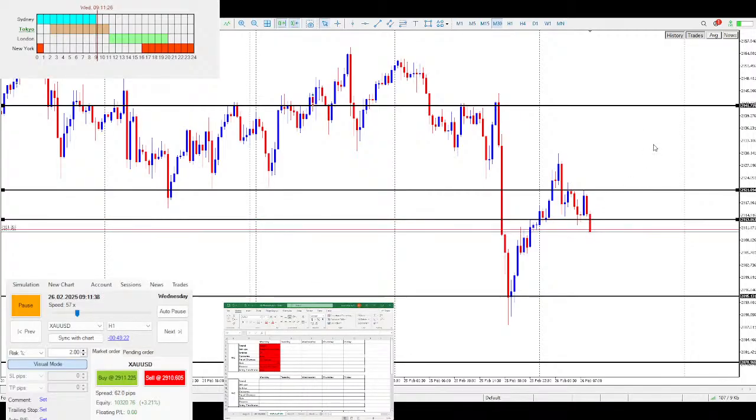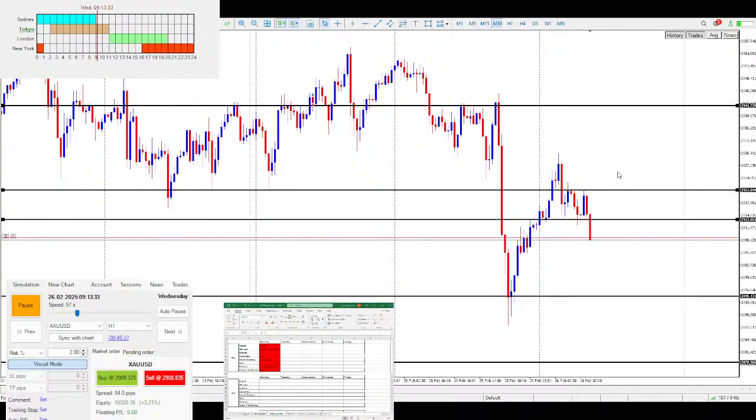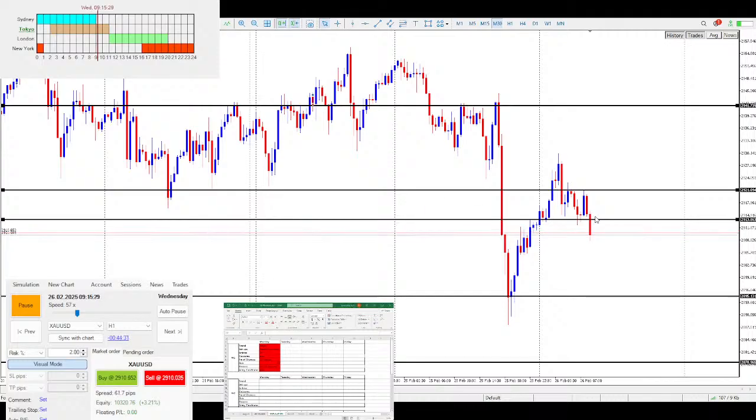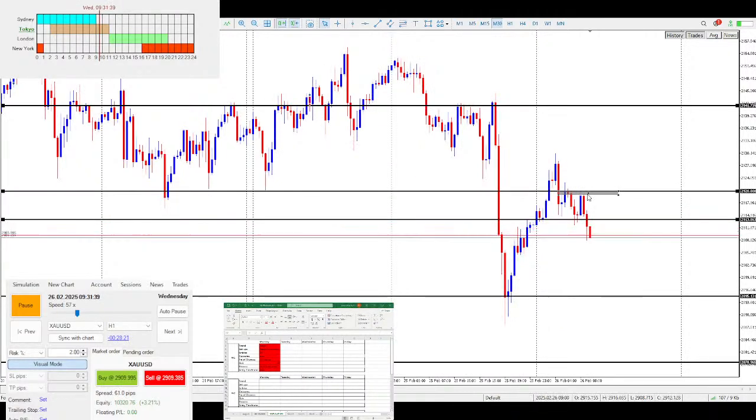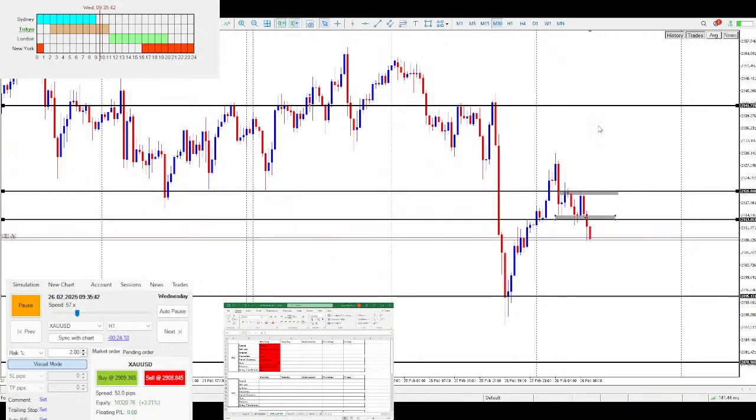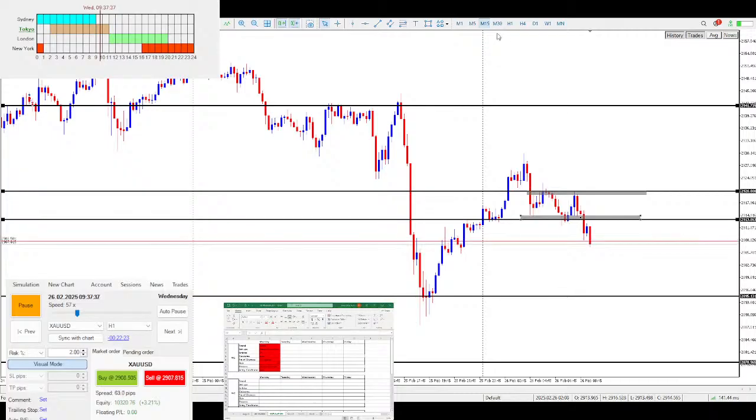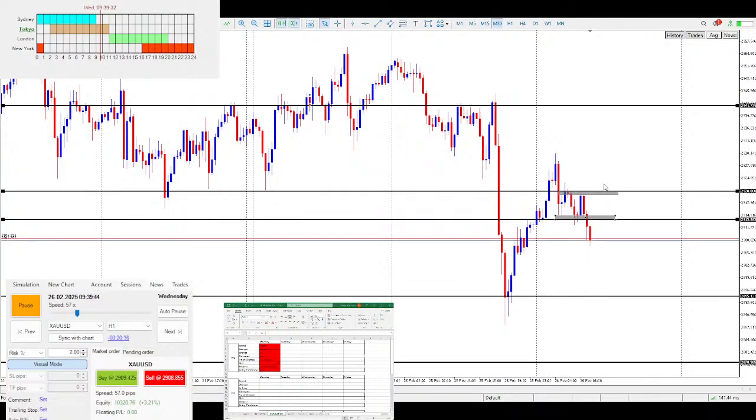Price is ranging. There's no setup to trade, so you have a resistance there, and you have a support here. There's no structure.